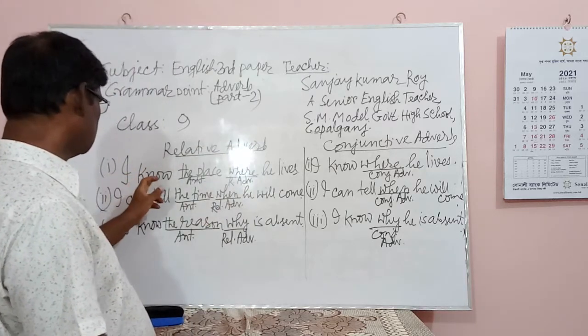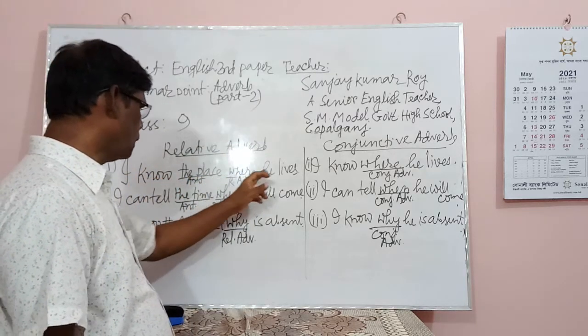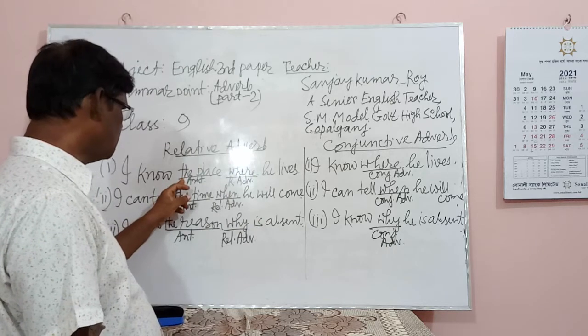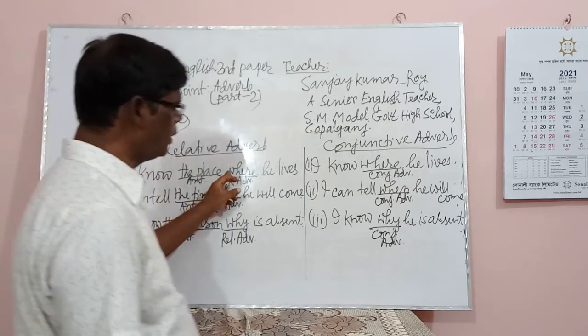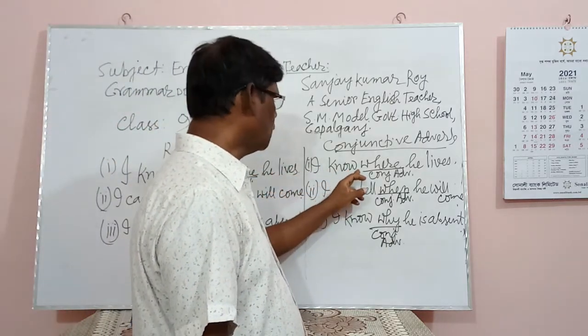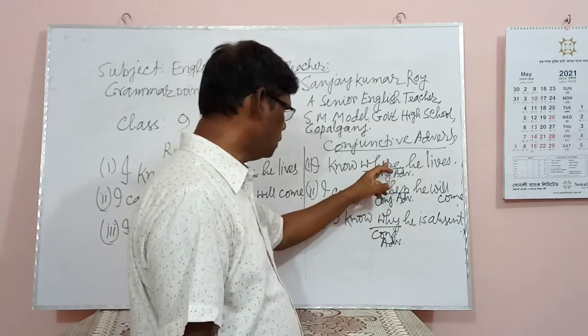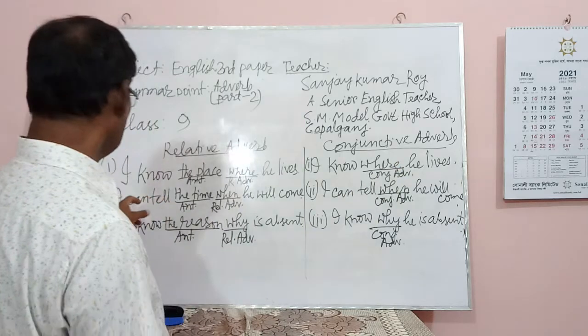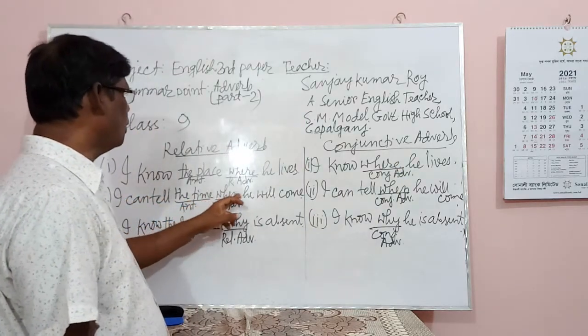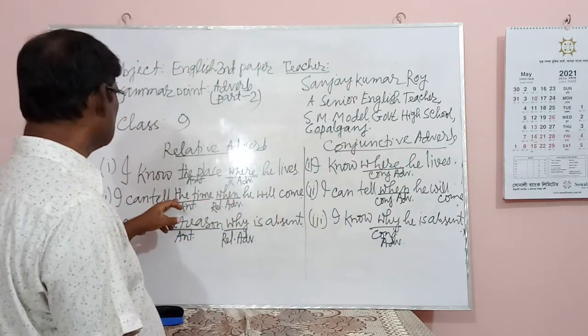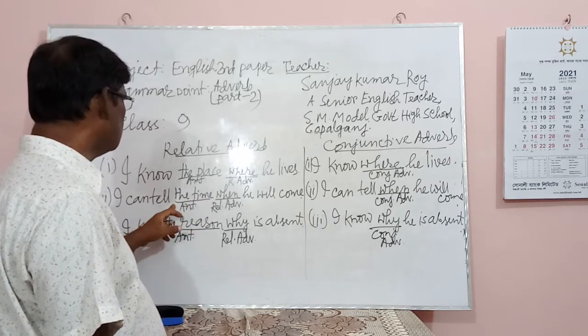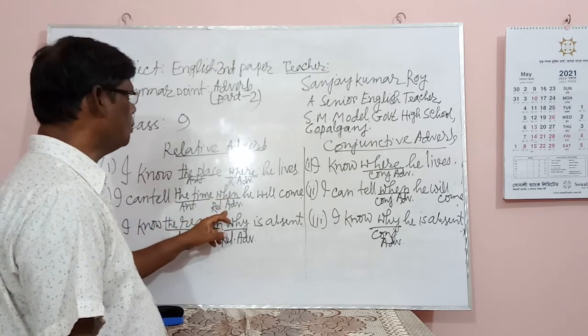First sentence, I know the place where he lives. Antecedent is mentioned, so this is relative adverb. But here, I know where he lives. Antecedent is not mentioned, so this is conjunctive adverb. I cannot tell the time when he will come. The time, antecedent mentioned, "when" is relative adverb.